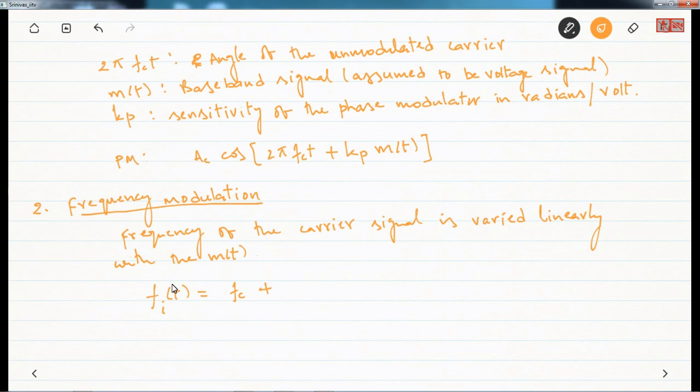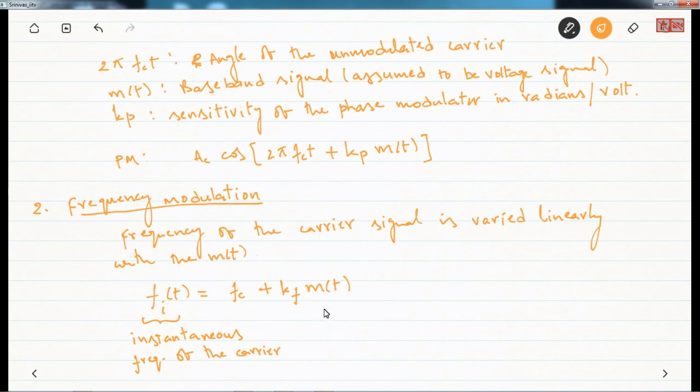So this, the instantaneous frequency of the carrier, fi of t is fc plus kf into m of t. So this is called the instantaneous frequency of the carrier, right?